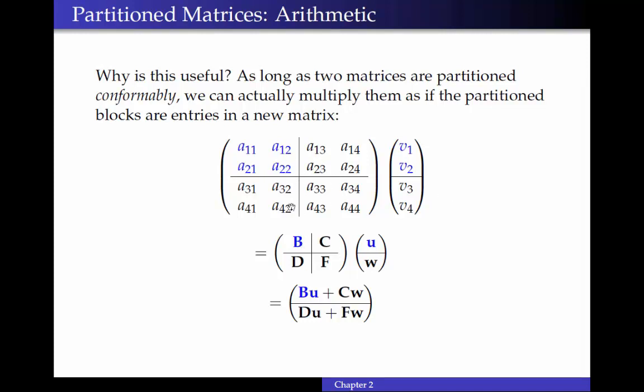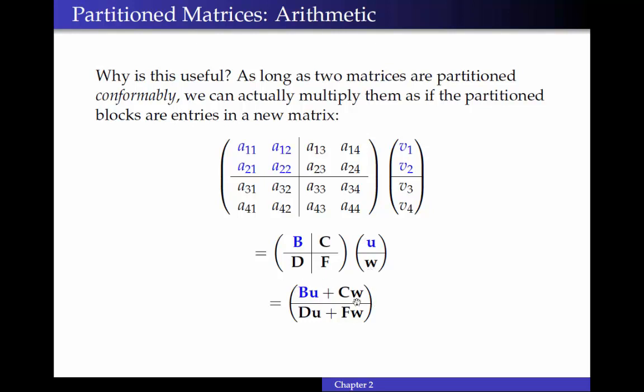When I draw this partition and give this new name, I have a much simpler problem to do, or at least it looks like I do, right? Whereas here this is a 4x4 matrix times a 4x1 vector, here it's a 2x2 matrix times a 2x1 vector. And I can multiply the notation out, so I have B times U plus C times W. That's just row times column.